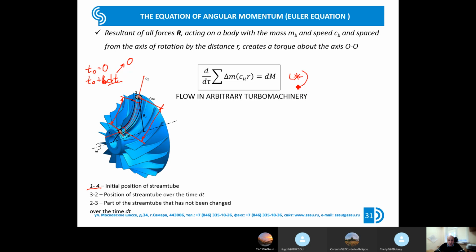Our aim is to apply this formula to the flow we discussed above. So we need to apply the equation of angular momentum to the case of the flow tube moving through a random turbomachine. Of course, it looks a little bit complex.